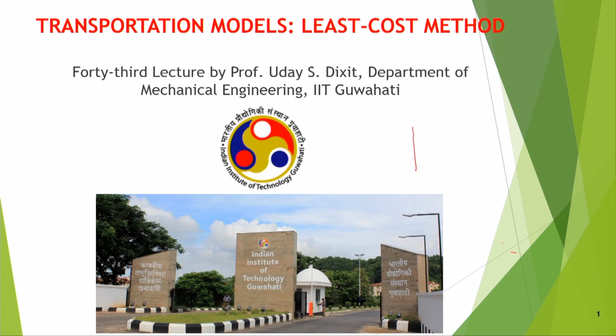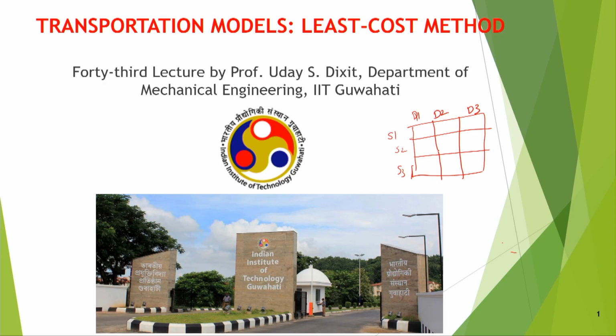You can represent the whole thing in the form of a matrix, where the rows can denote suppliers, maybe S1, S2, S3, and destinations can be represented by D1, D2 and D3.